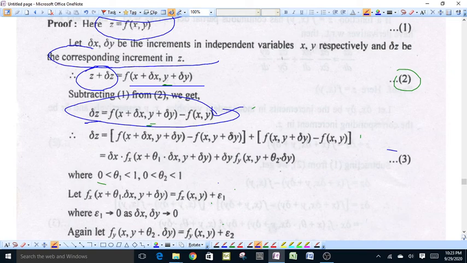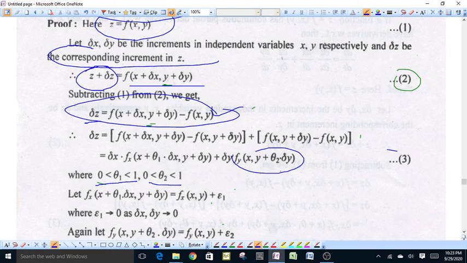This will be equal to, by the Lagrange mean value theorem, delta x f_x(x plus theta 1 delta x, y plus delta y) plus delta y f_y(x, y plus theta 2 delta y), where theta 1 and theta 2 are real numbers between 0 and 1.